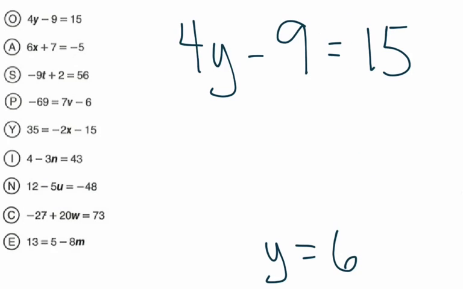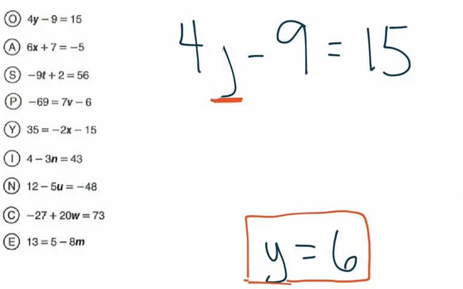So what we're going to do is check our work, and see whether we're right or wrong. Notice that we said that the answer was y equals 6. If that's true, then I can put a 6 anywhere there's a y. So instead of having a y here, I'm going to erase it and put a 6.